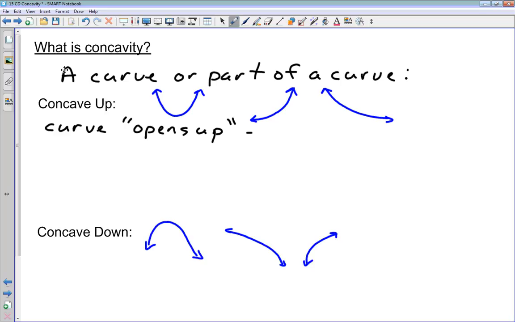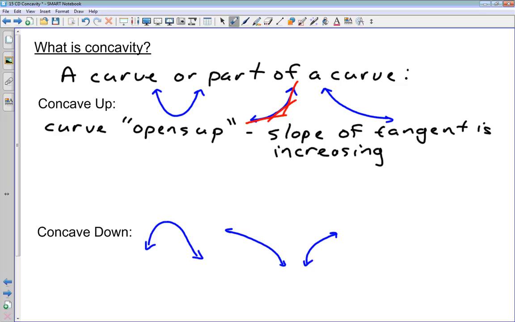So if I pick this curve right here and I draw a series of tangents to it, as I go from left to right, I notice that the slope of the tangent that I draw to my curve is increasing. Those tangent lines are getting steeper. So I can say that the slope of the tangent to the curve is increasing, again, as I go from left to right along my graph.